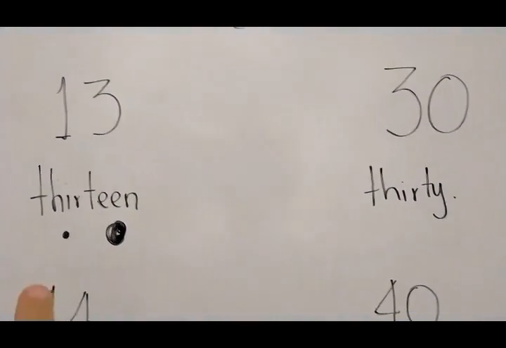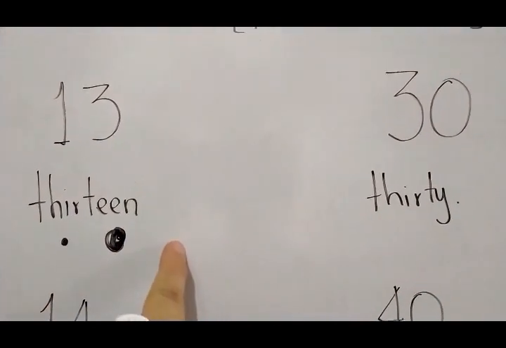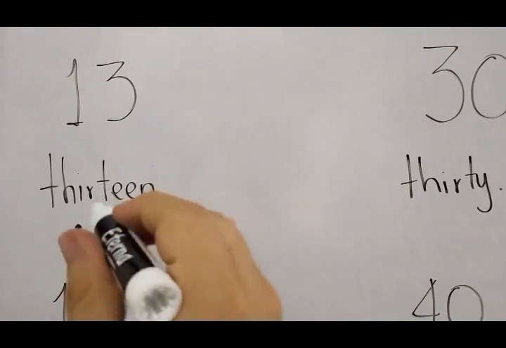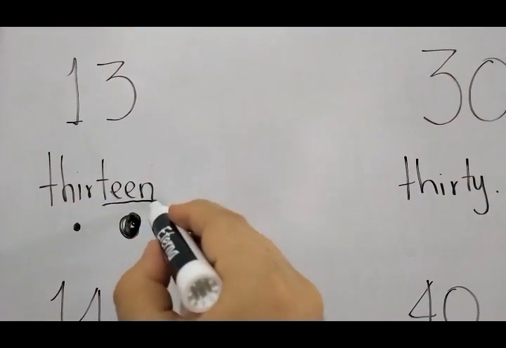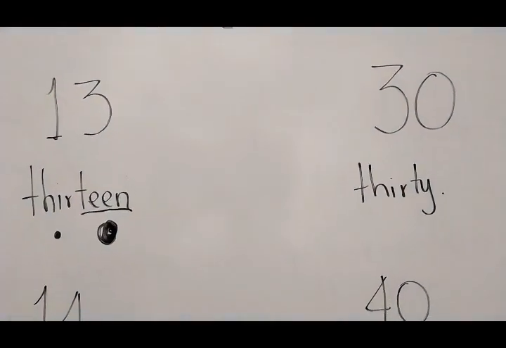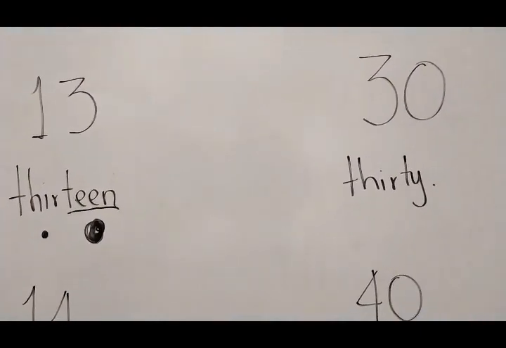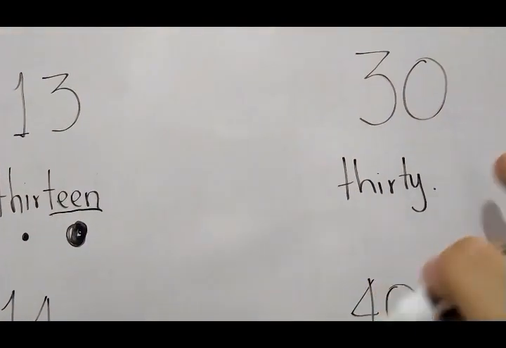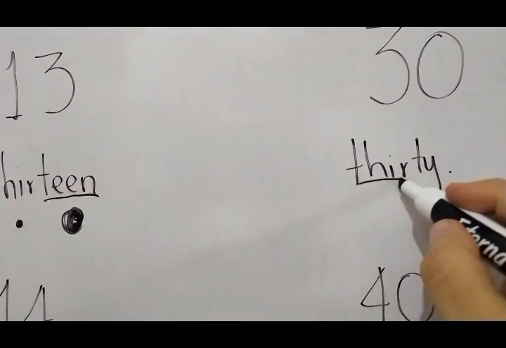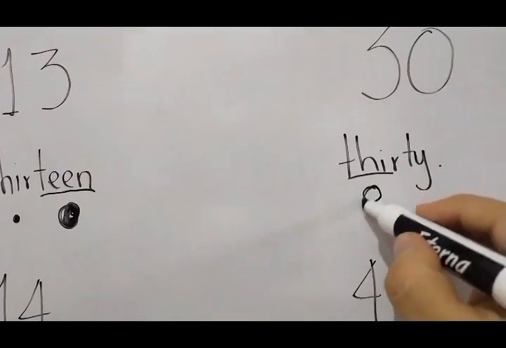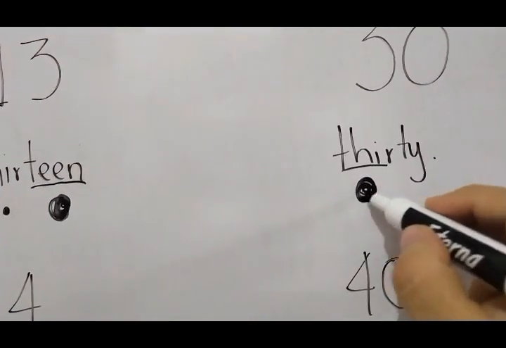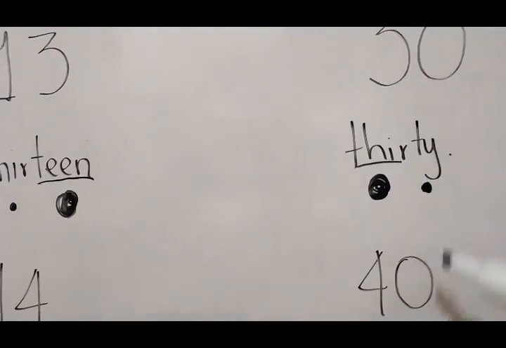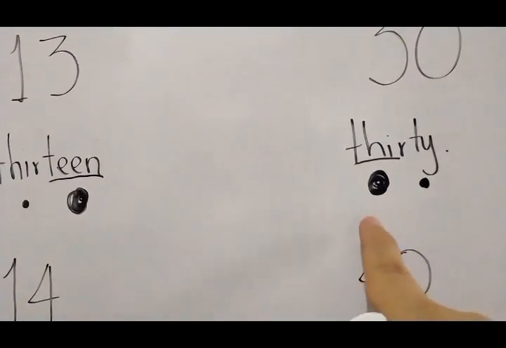So we have 13. Notice that at the end we have a stronger tone of voice. In this case, 30, the highest tone of voice is at the beginning and at the end it is very weak. So we have 30.